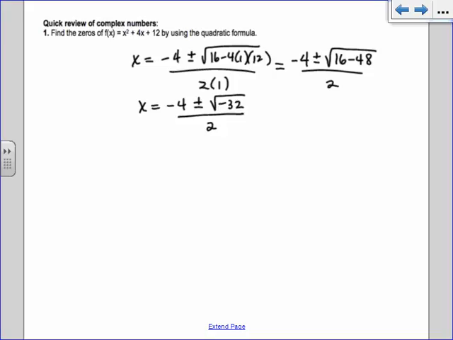So negative 4 plus or minus, so square root of 32, the biggest perfect square that goes into it is 16. So if I have square root of 16 and square root of 2, I'm going to get 4 root 2. So if I have negative 32 under there, it's going to be 4i root 2 all over 2.